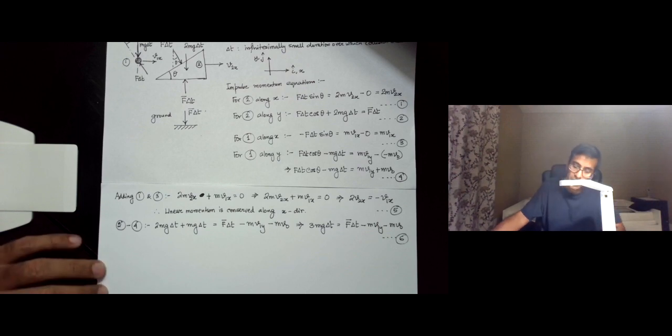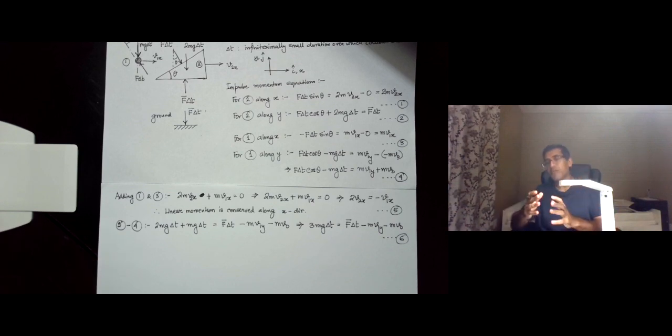So one thing that we observe is that if there is a certain direction in which motion is disallowed or blocked for the system of particles interacting in a collision, then along that direction the conservation of momentum equation does not give us any usable equation.